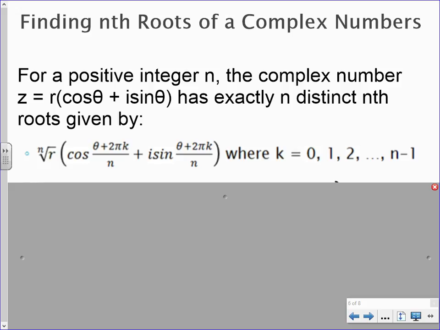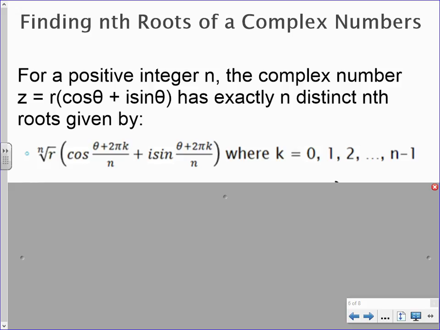Okay, so this looks slightly intimidating, but it's not. It's really plugging numbers in and figuring the rest out, okay? So if we are going to find the third roots, we plug in 0 to find 1, we plug in 1 to find a second, we plug in 2 to find a third, we're done. So that's a third root, right?